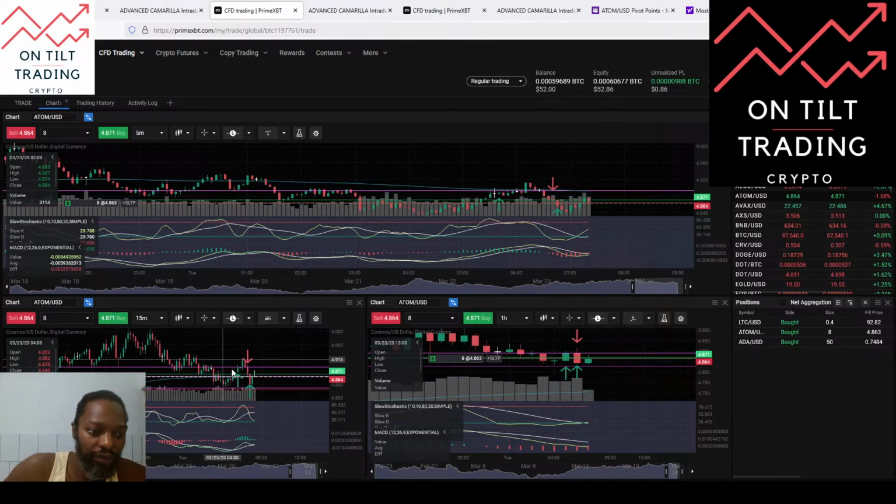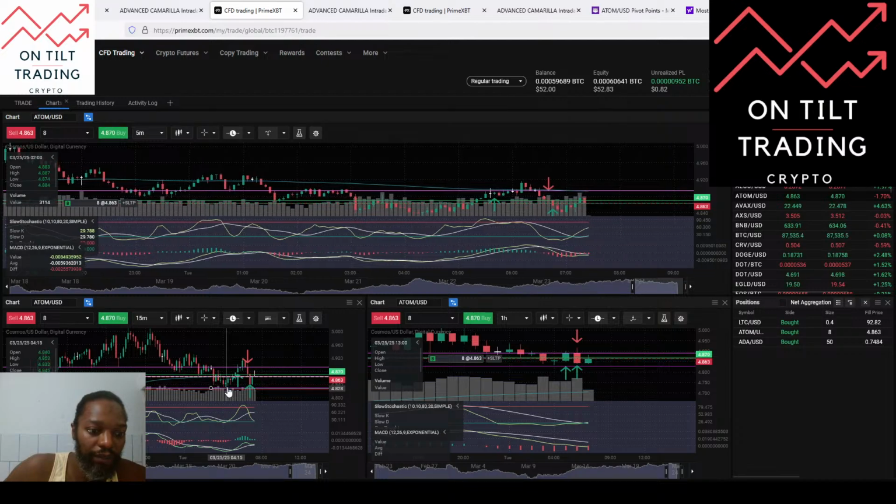So zoom out, you can see where my stop loss is. My stop loss is down here below this strong low. If this strong low gets broken structurally, if there's a break of structure of this strong low, I'll get out and I won't enter the trade again, or I'll take it short, since this is R4 down here.